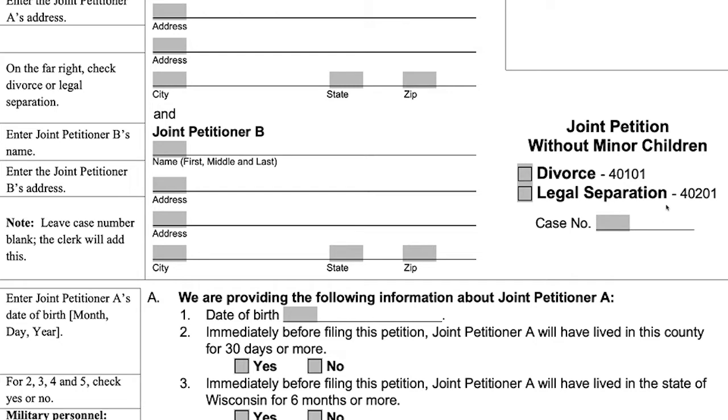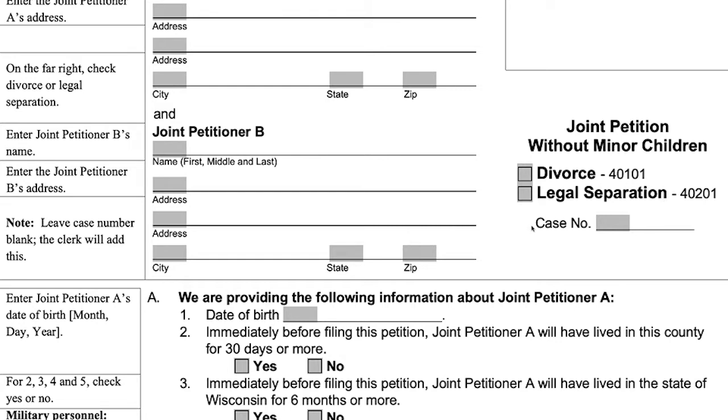That is because legal separation and divorce are two different things. If you are legally separated, in the eyes of the law, you are not divorced. So you need to be very careful when you're considering legal separation, because it is not the same as divorce, and we can talk about that a little bit more later on in the video.